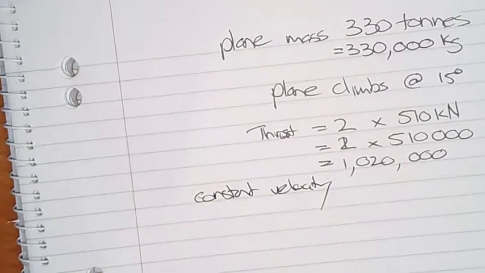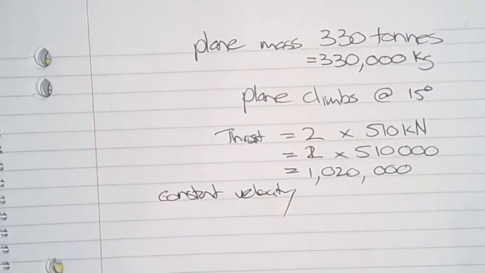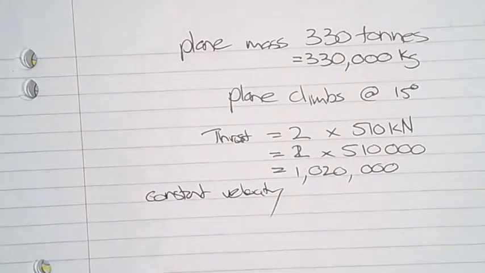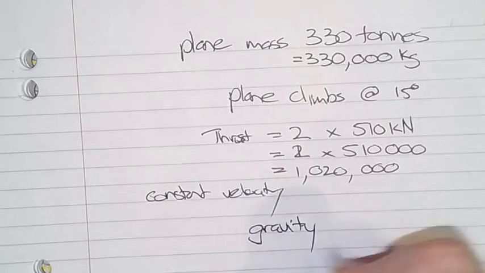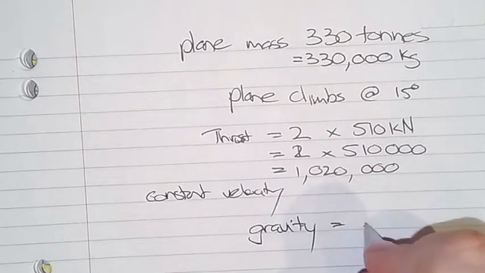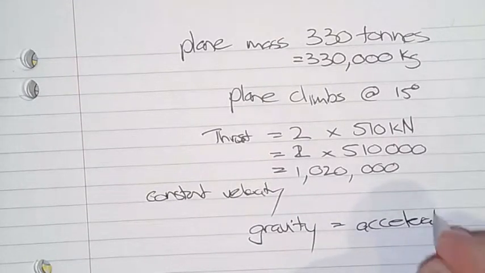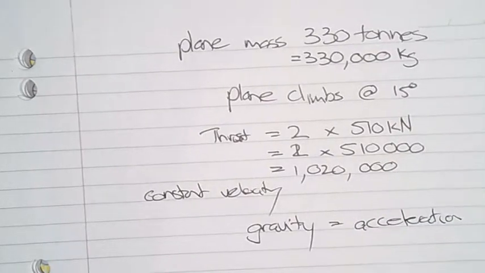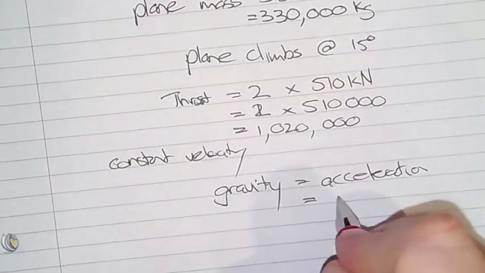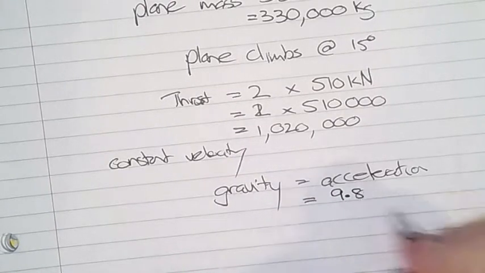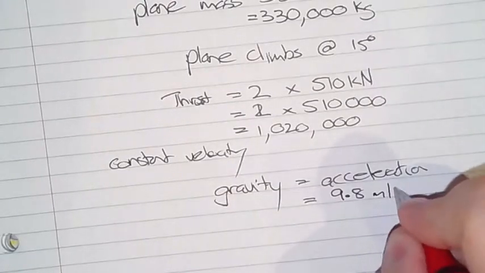Right. Now, with the engineering stuff, hopefully with the science, you might have heard about this, but we talk about gravity. And gravity equals acceleration. Right, these are some of the engineering terms starting to come through here. In this case, acceleration equals 9.8 meters per second squared.